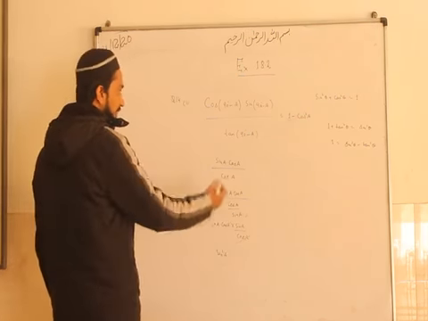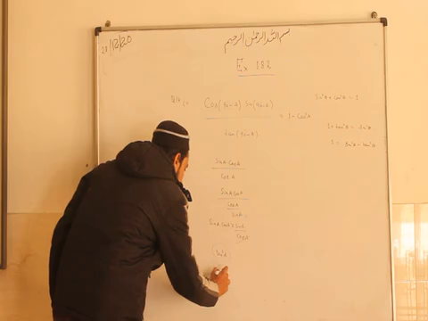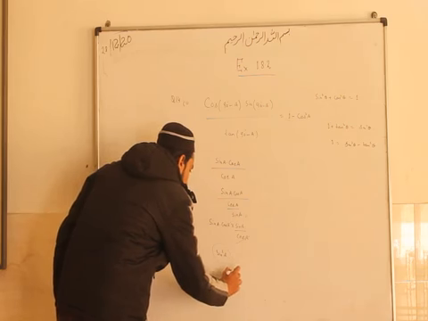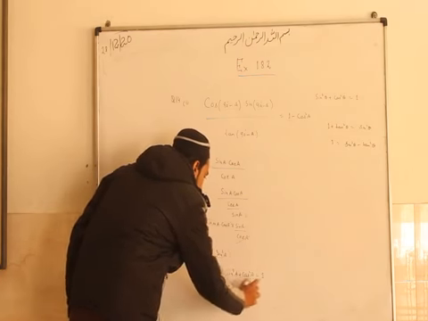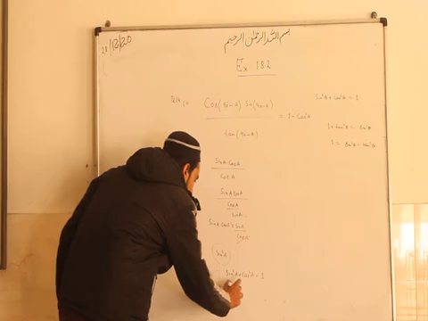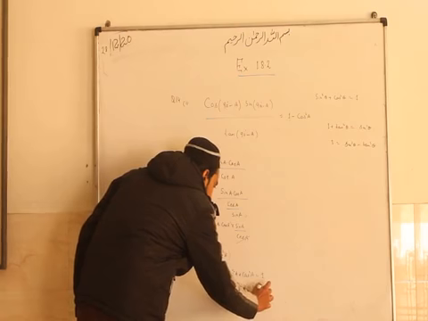So we know that sin square a equals 1 minus cos square a from the identity, since sin square a plus cos square a is equal to 1. Therefore sin square a is equal to 1 minus cos square a.